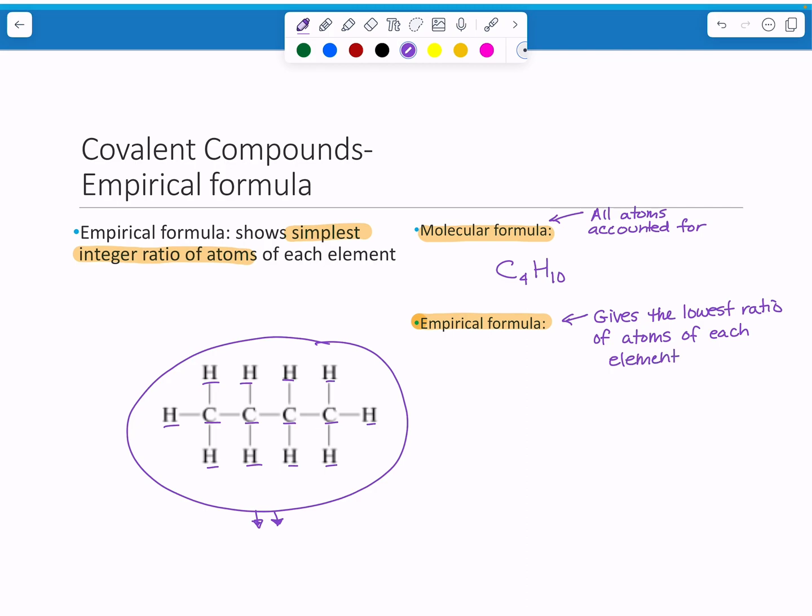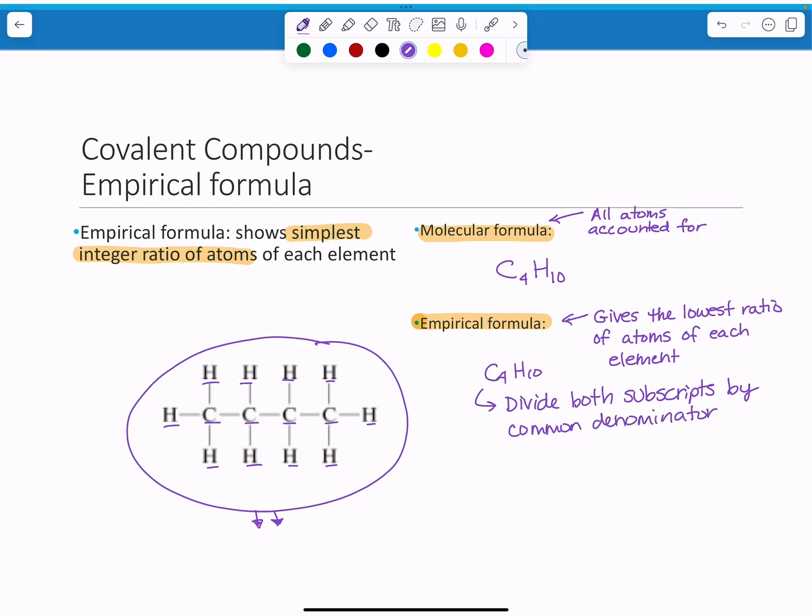I would have to find some common denominator. This one's fairly easy. If I divide both subscripts by a common denominator, in this case 2, starting with C4H10, then I would have C2H5.